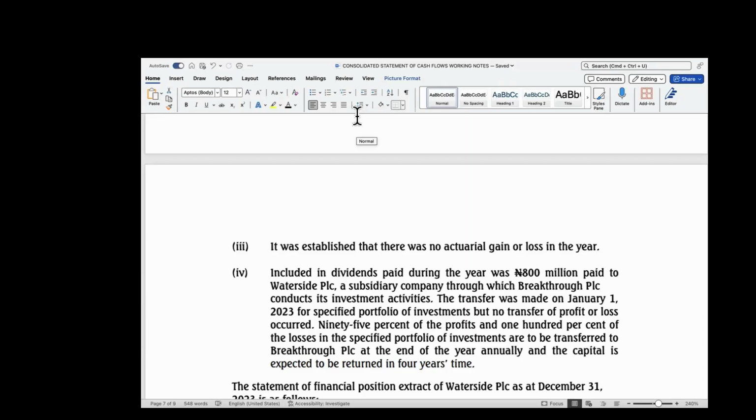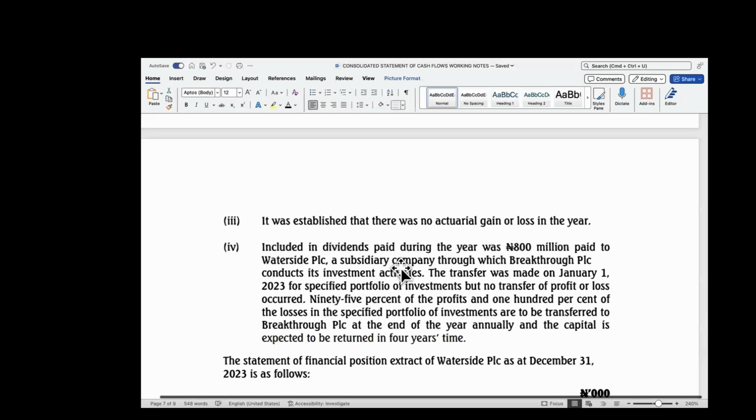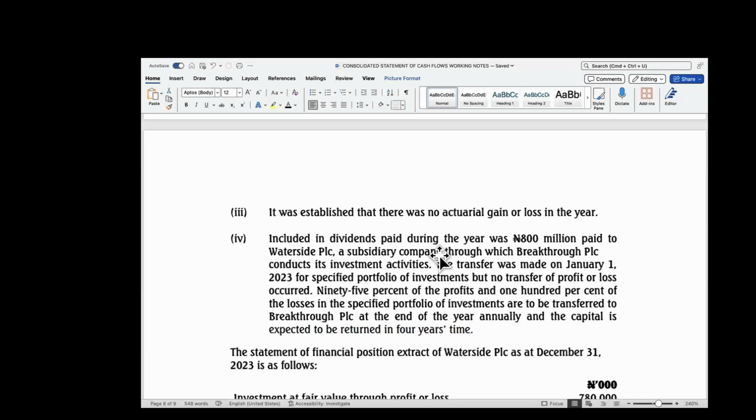Me, I cannot make sense out of this because they said I cannot pay dividend to my subsidiary, except if somebody can really explain to me what these guys are talking about, but it's not logically reasonable for me to figure out what they are saying.